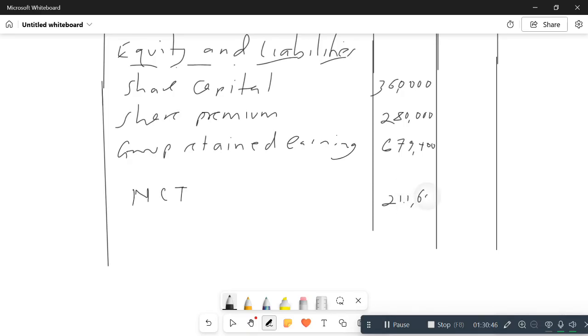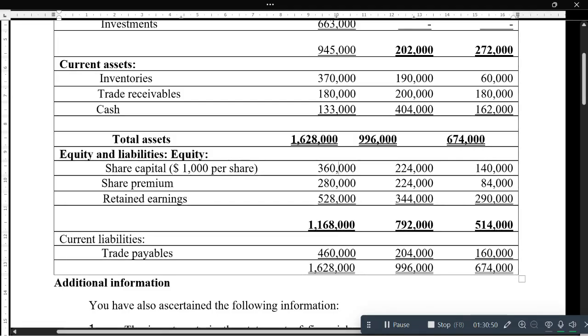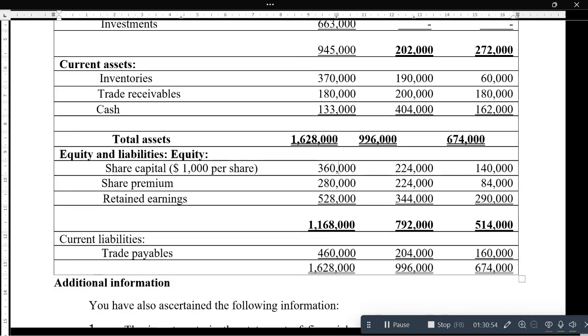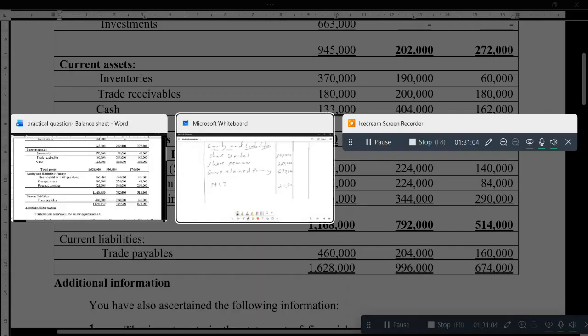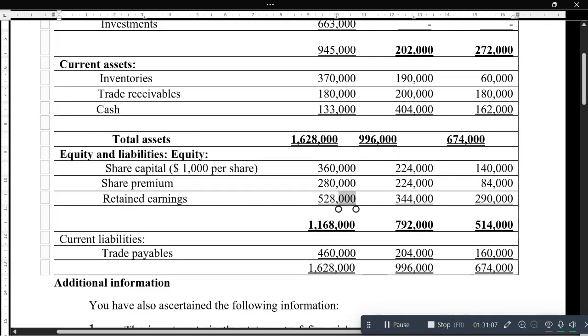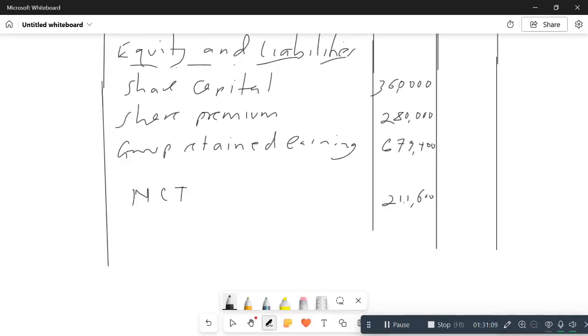Don't forget, for the equity section, I have picked only share capital for parent and share premium for parent. But when I reach retained earnings, I didn't take this one, 528. No, you go to your working 7, pick the group retained earnings you calculated, then you take that. Then you bring even NCI. Here we don't have NCI, but you have also to include it to form part of equity.